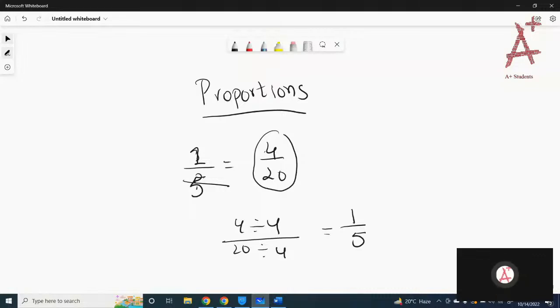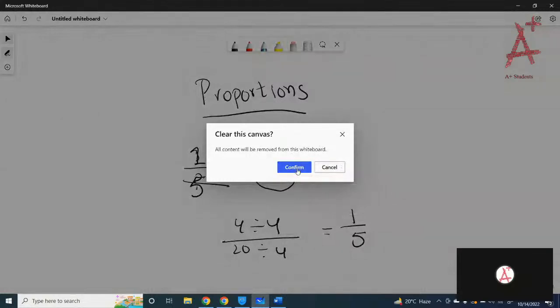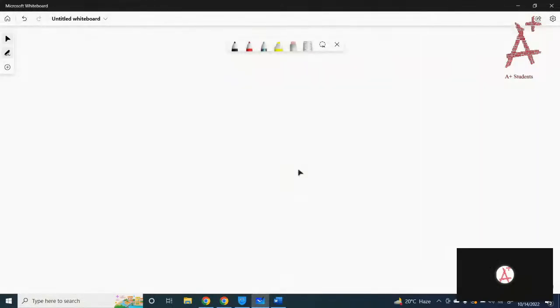Okay, the next example is the missing number divided by 5 equals 6 divided by 15. So we have to start with 6 by 15.